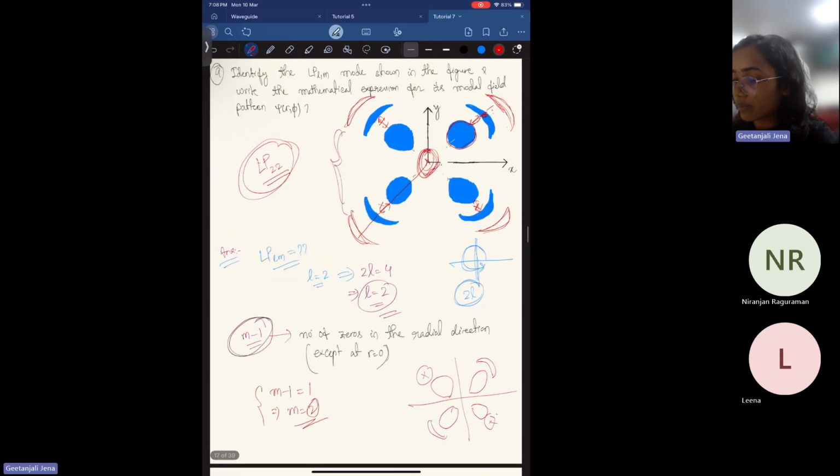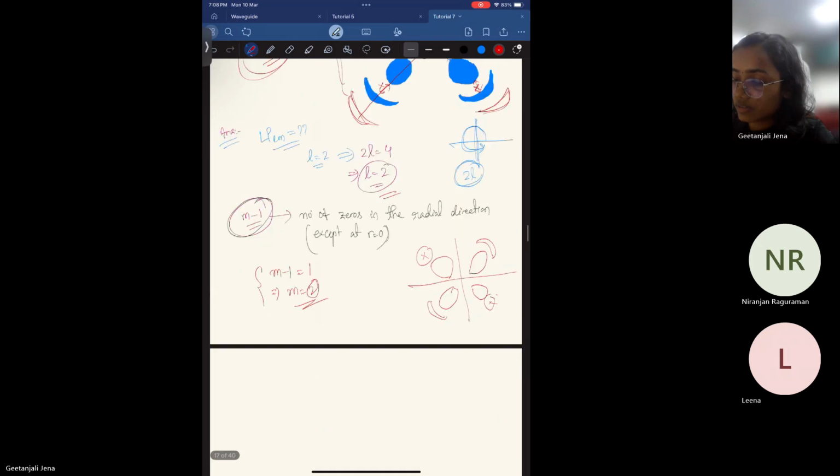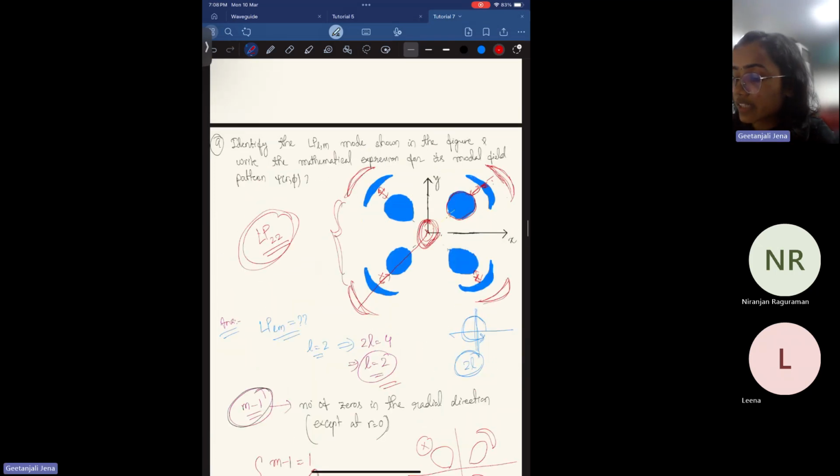Okay, there is one part that still remains in this question. What is the mathematical expression for its mode profile pattern?